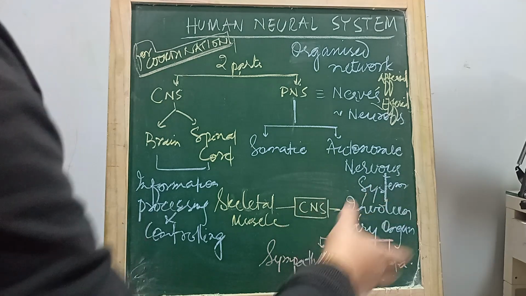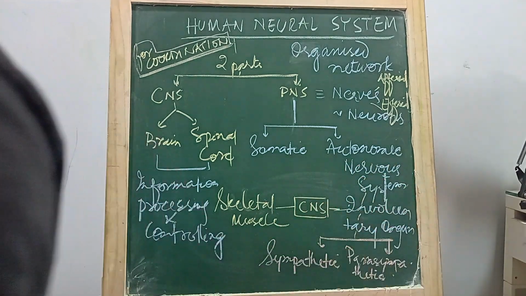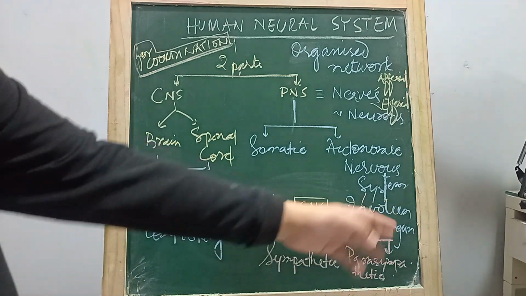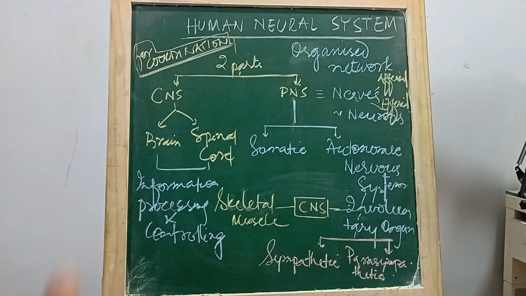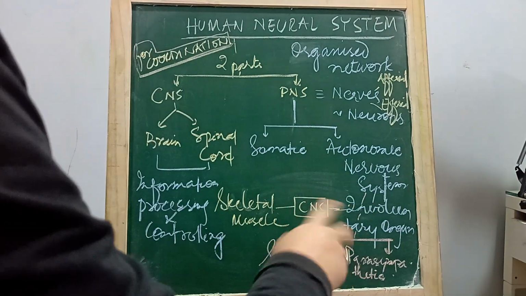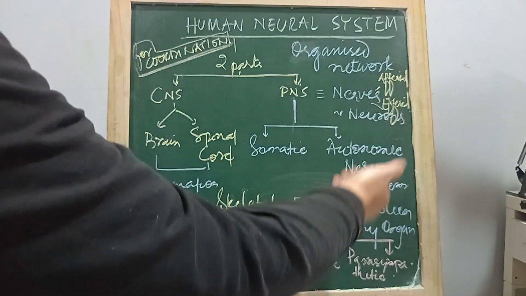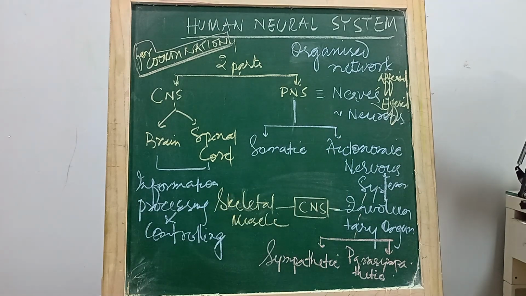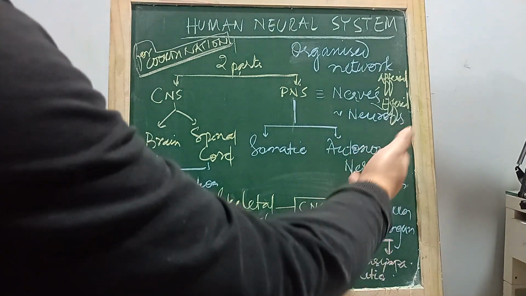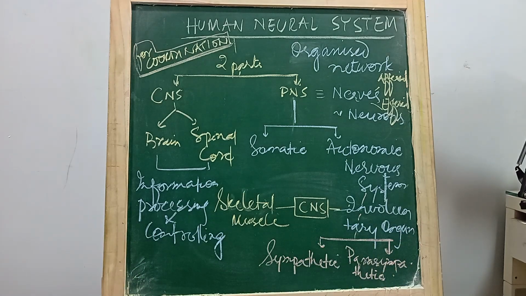On the other hand, the nerves which carry information or stimulus between the central nervous system and involuntary organs, like the heart or intestine, just doing on their own, like our lungs, which are performing functions on their own, are known as the autonomic nervous system, right? Again, the autonomic nervous system is divided into sympathetic and parasympathetic nervous system.